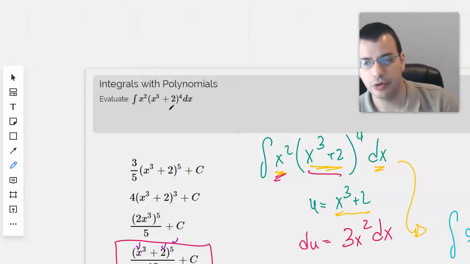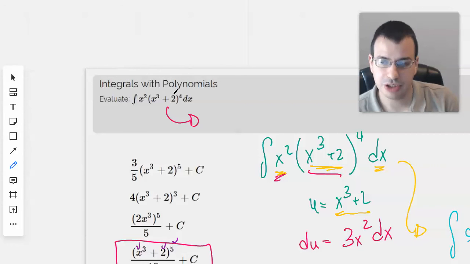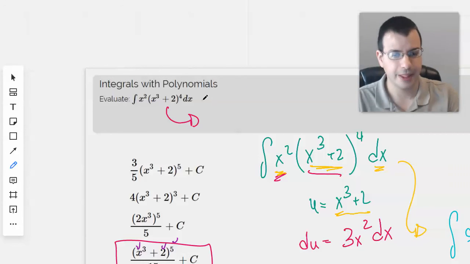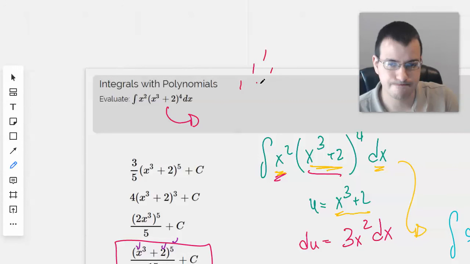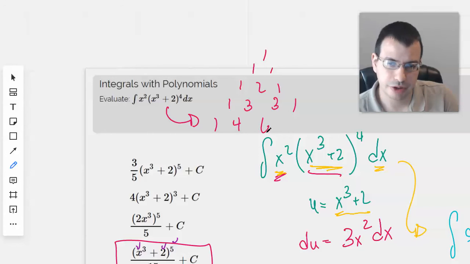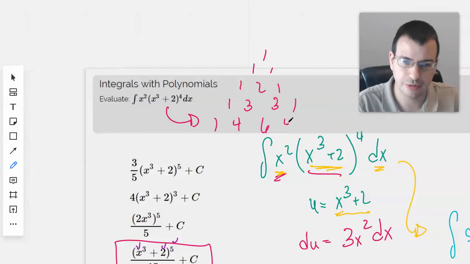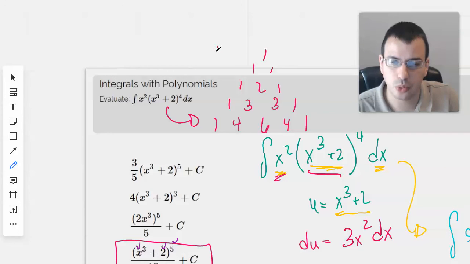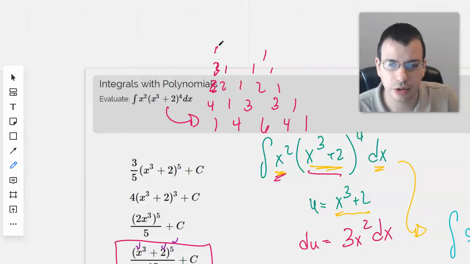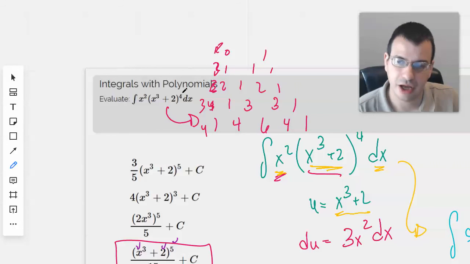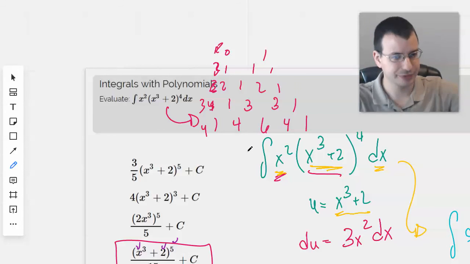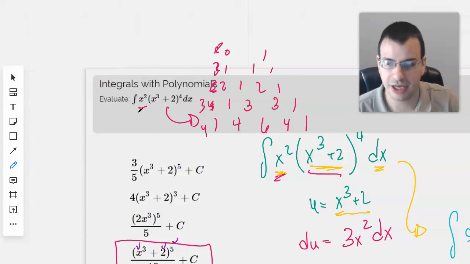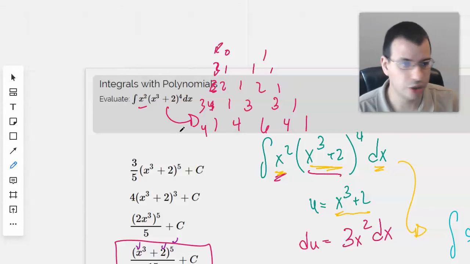Not to get too far off on a tangent, but we could take this (x cubed plus 2) to the 4th and use Pascal's triangle: 1, 4, 6, 4, 1, for n equals 0, 1, 2, 3, 4. We could expand it, then multiply everything by x squared and get an answer, but it would be a huge pain, and we don't want to.